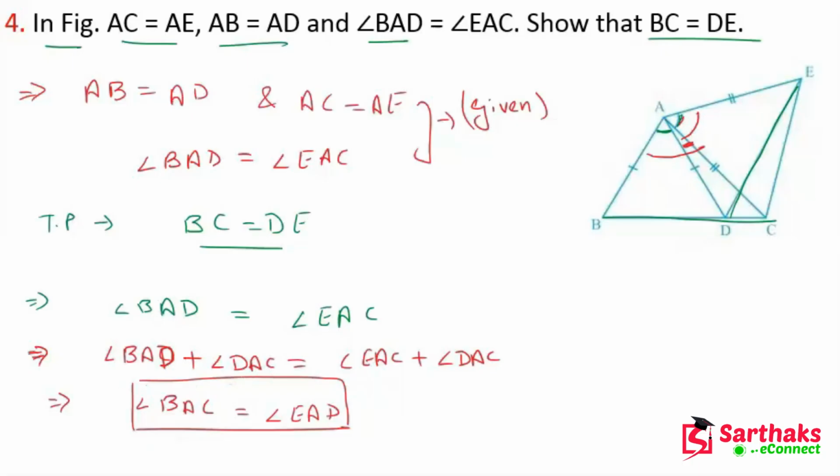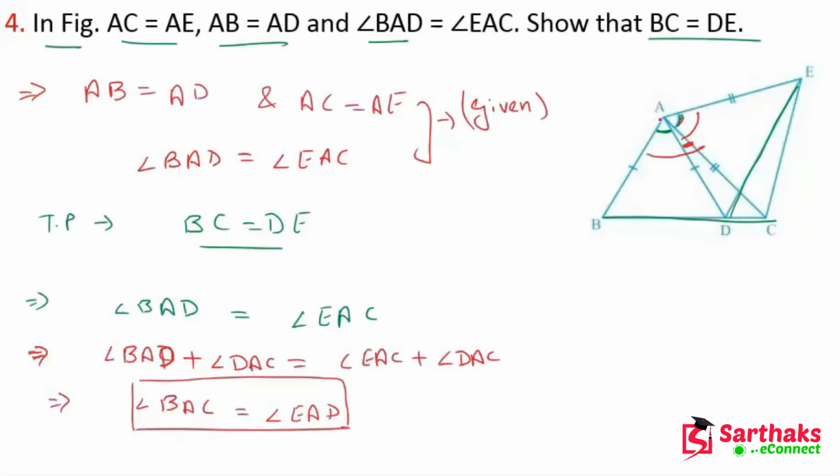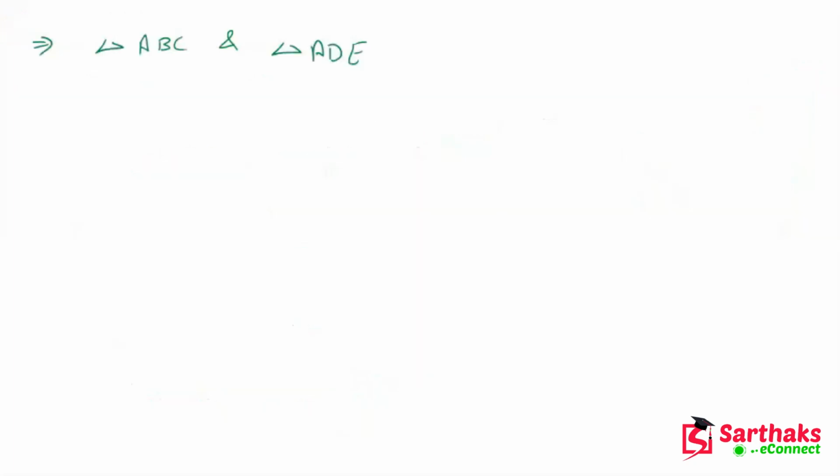Now let's consider triangle ABC and triangle ADE. In these triangles we know that AC is equal to AE, this is given.